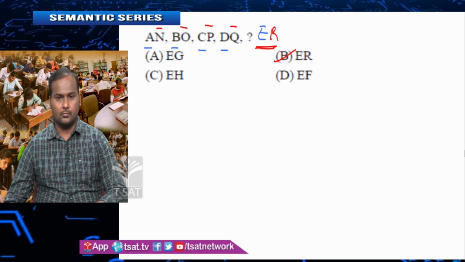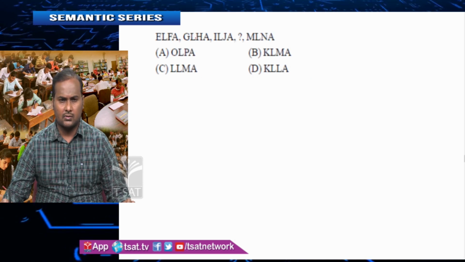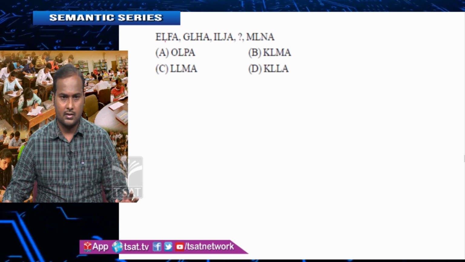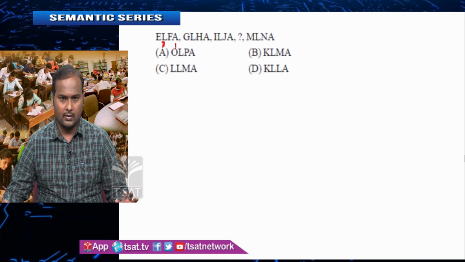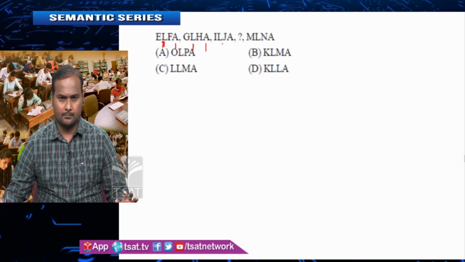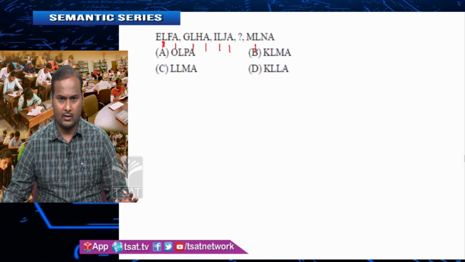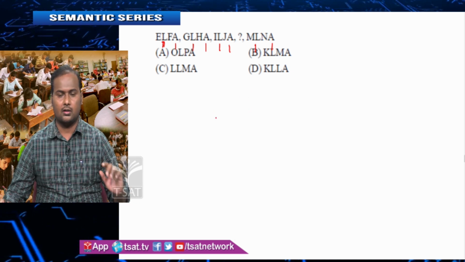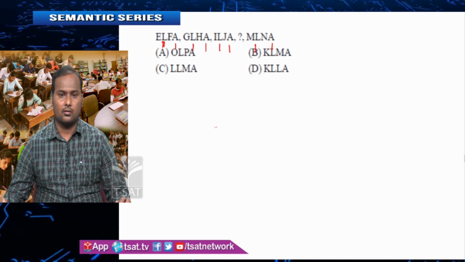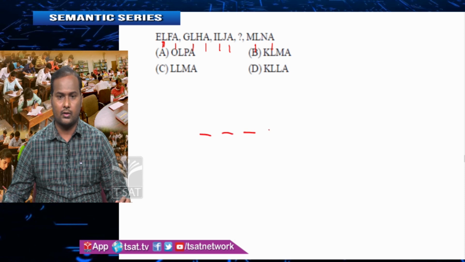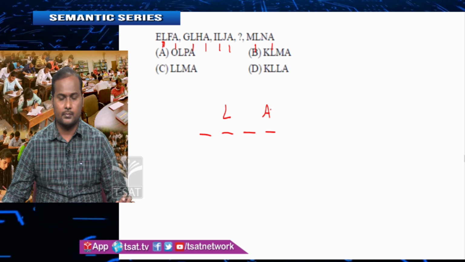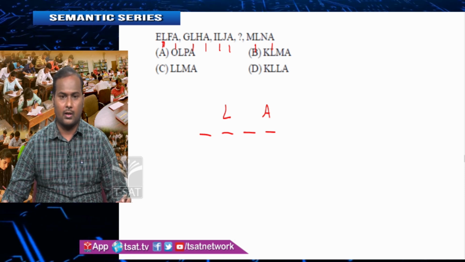That is the pattern. See, in this question there are two letters that are constant, that is L, A, L, A, L, A. Obviously I know that these positions are constant in all the series. So out of this 4, 1, 2, 3, 4, that is L and A are constant. Now I need to check the remaining one.